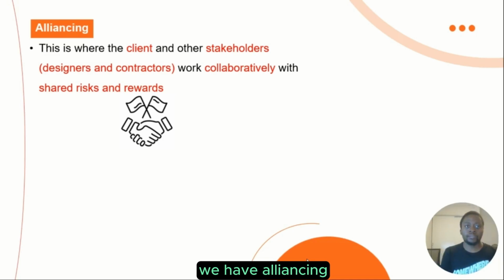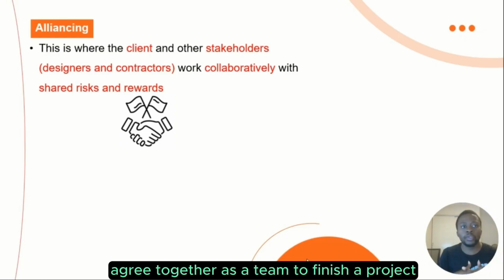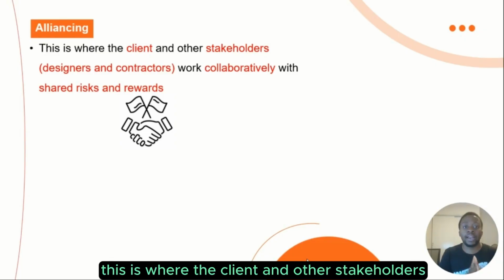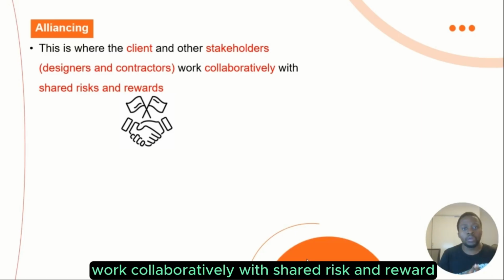Alliancing. So alliance means to come together and agree together as a team to finish a project. This is where the client and other stakeholders, including the designer and also the contractor, work collaboratively with shared risk and reward.